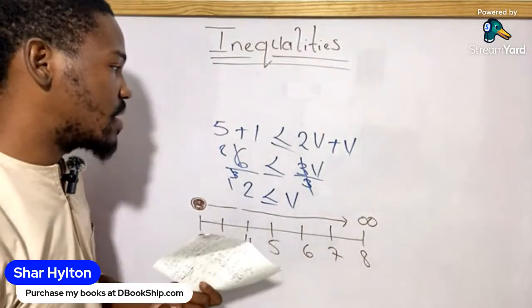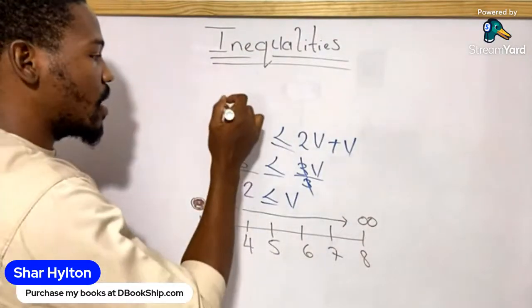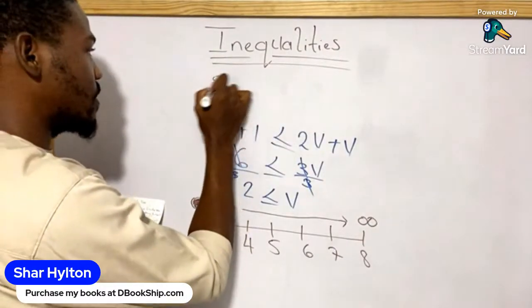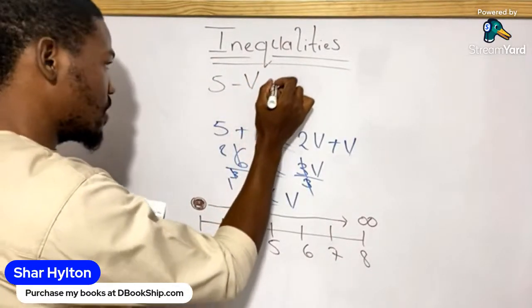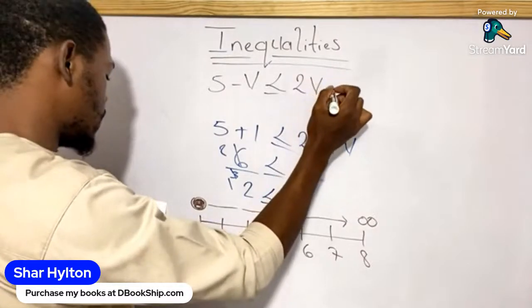Now, one of the things that it would be nice to do is check our answers. When checking our answers, our question before was 5 minus v is less than or equal to 2v minus 1.